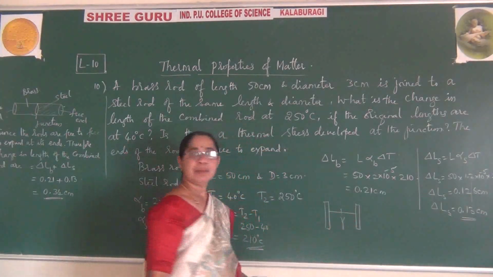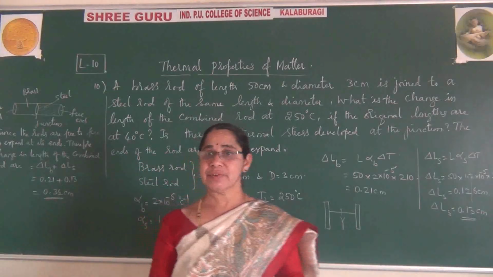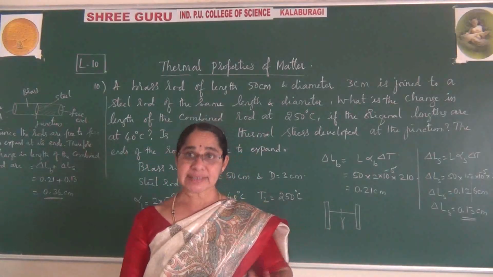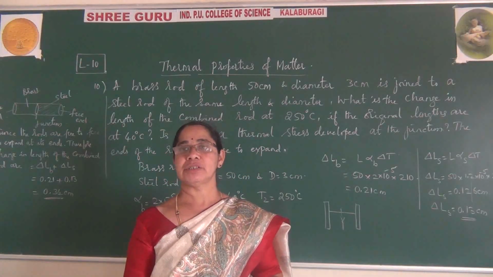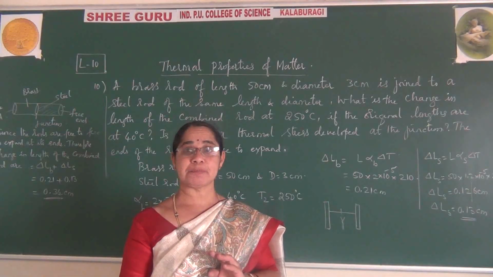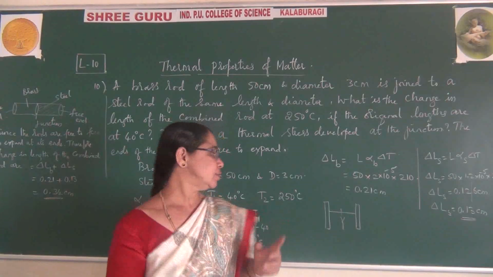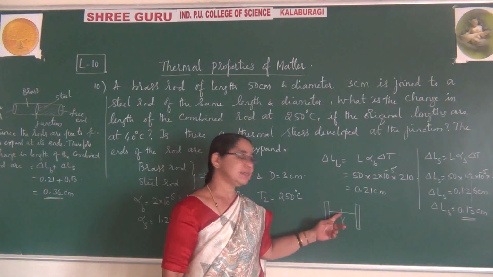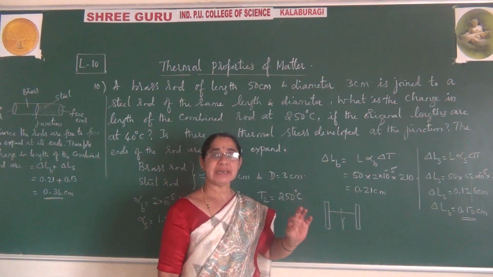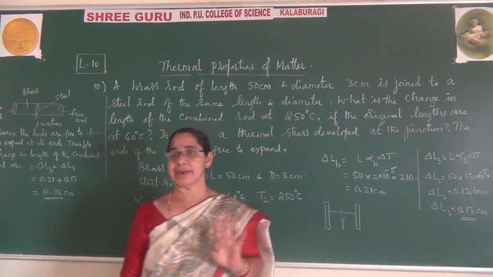But they are asking what happens at the junction, at this position. At that position the stress will never be developed; only at the ends will stress be developed, because there is no space to expand. So naturally you can say no stress is developed at its junction. That concept you have to remember.